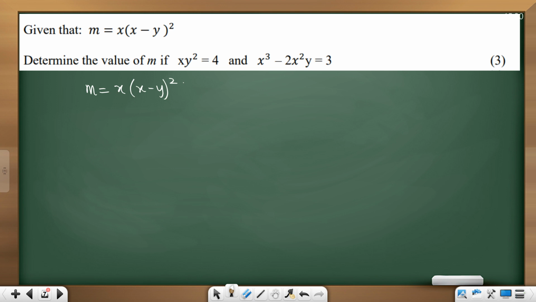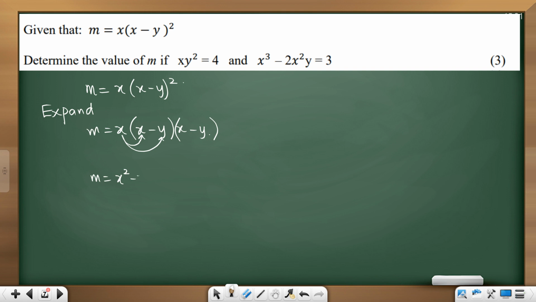How are we going to get all of this into m? Let's expand and see what we are going to get. Expand. But guys, bracket first. Remember? Bracket first. Oh, sweet. Now you can multiply whichever two first. So I can start from here and here. Doesn't matter.